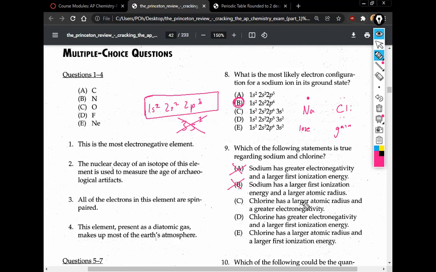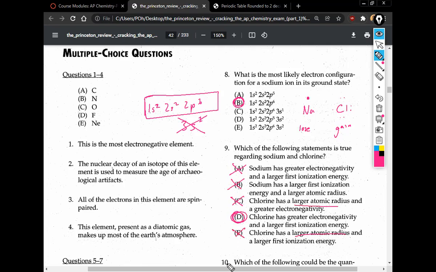We go to C. Chlorine has a larger atomic radius. Is chlorine bigger than sodium? No, it's not. Okay. Chlorine has a greater electronegativity. Yes. So there we go, we get the correct answer. And then if we look here, same thing, larger atomic radius, so we know that E is also incorrect.